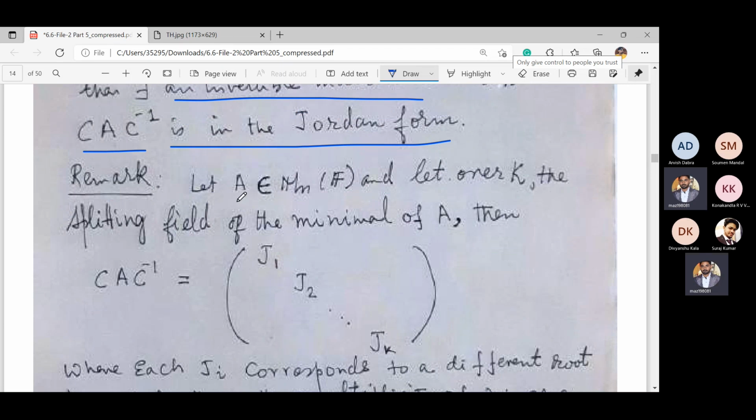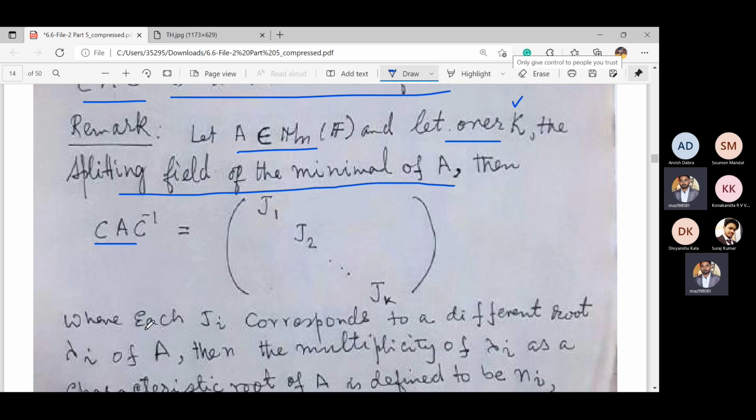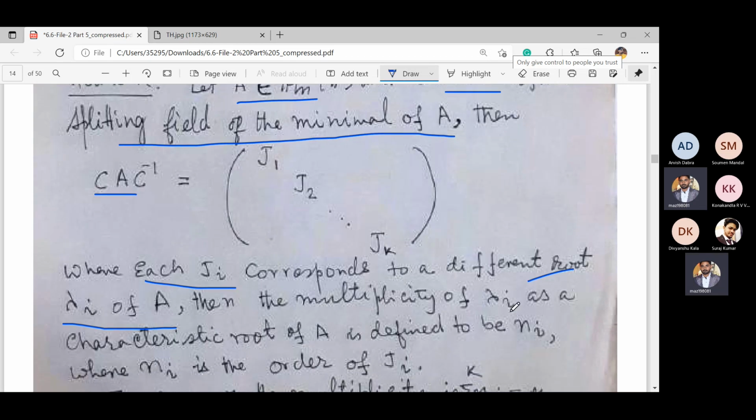And in the same result like this, over K, the splitting field of the minimal polynomial of A, the minimal polynomial of A has all the roots, meaning eigenvalues of A are in K. Then there is a matrix of this Jordan form, where each Ji corresponds to different roots lambda i of A, meaning characteristic roots of A, and multiplicities of lambda i as characteristic root of A are defined as Ni.